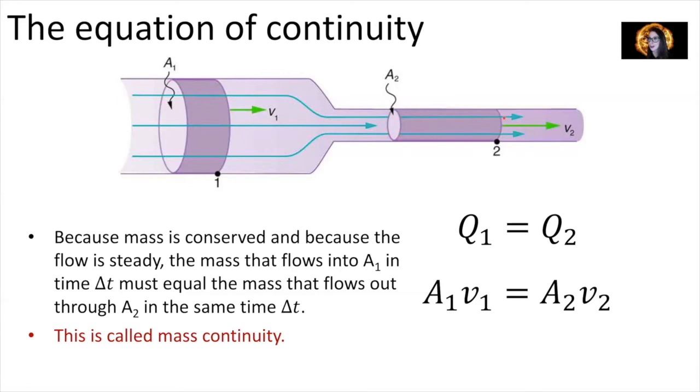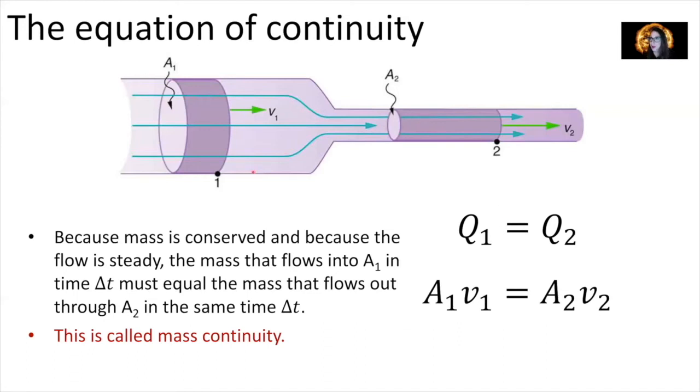The only way you can make that work is if in the smaller cross-sectional area, you're moving faster than you're moving through this larger cross-sectional area. So our mass continuity says the same amount of mass coming over here through this cross-sectional area of the tube has to equal the same amount of mass that's coming over here through this cross-sectional area of the tube.